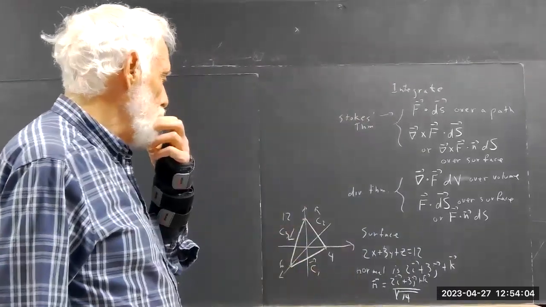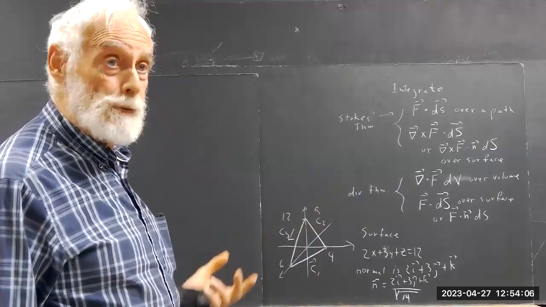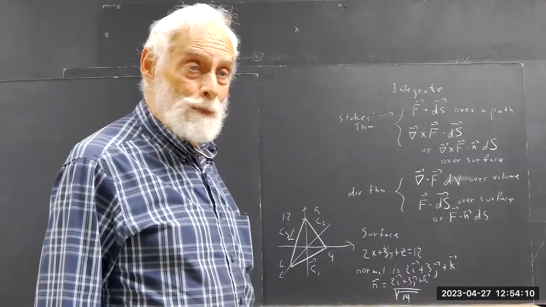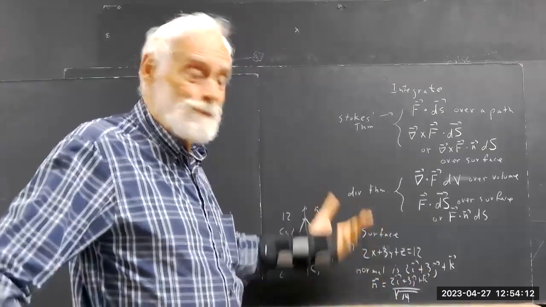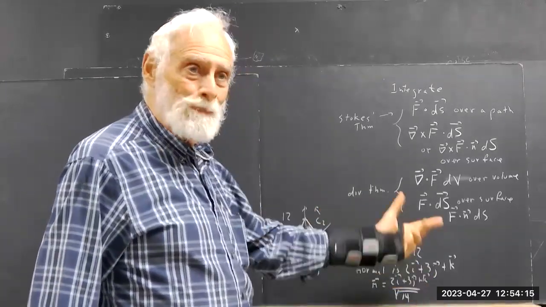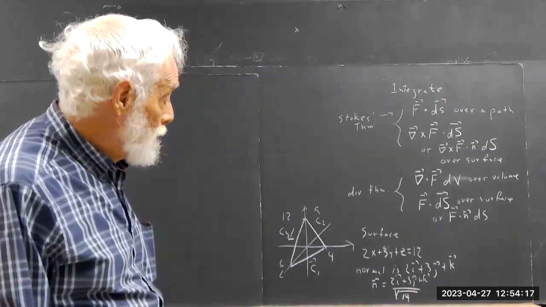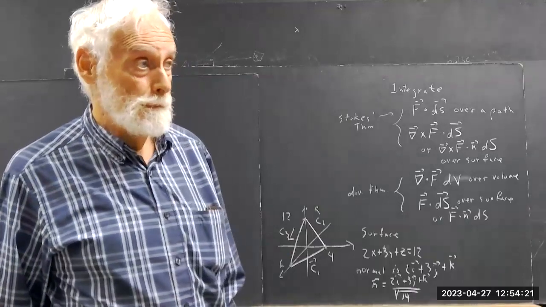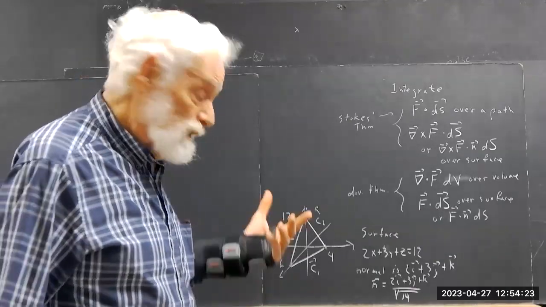I guess I'm probably using the same numbers I did before. I didn't remember if the 3 went here or here. I remember having a square root of 14, and if this was a 4, not what we have. Okay. There's your normal vector. Now we have to have a vector field. Use any vector field.